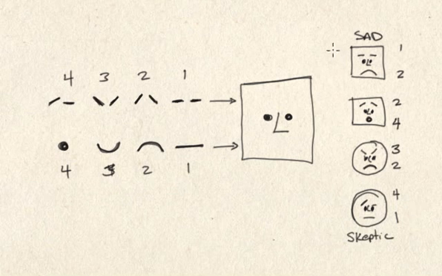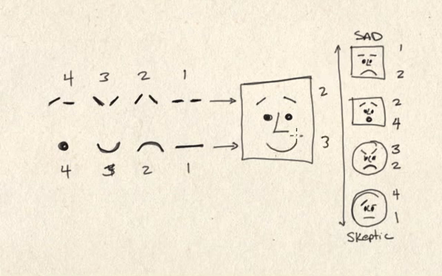So we have these wide ranges of emotions that we can end up doing, happy to sad, anything in between. Like for happiness, maybe we have the eyebrows going up, so we have number two combined with number three, and the happy face there. All right, so we've got all of our emotions displayed.